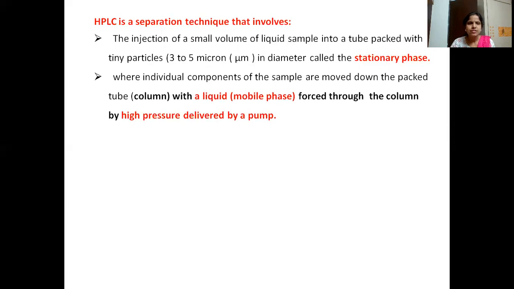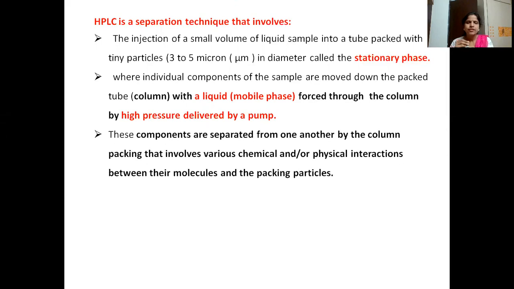The mobile phase is the solvents or liquids we use. This mobile phase has to be injected into the column with the help of high pressure. A high pressure pump produces the pressure, and the liquid, that is the mobile phase, is pumped into the column.